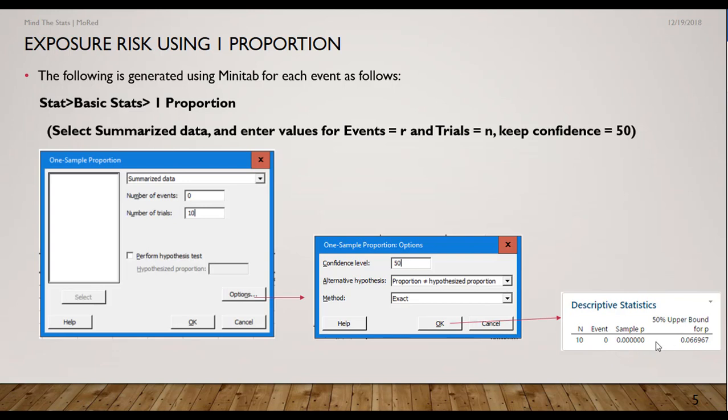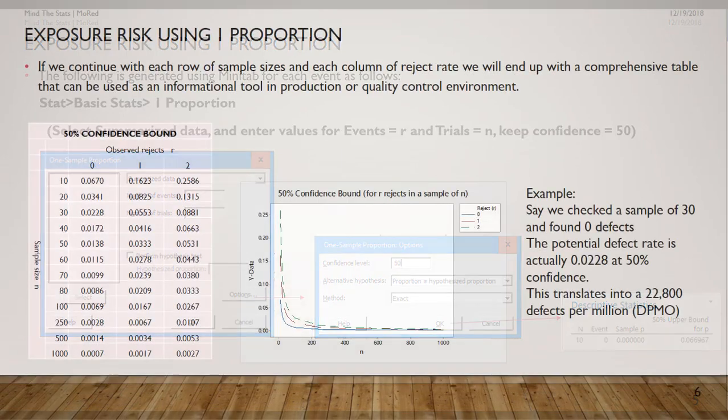What this means is that if you select a sample size of 10 and find 0 defects, at 50% confidence level, your reject rate is really between 0 and 0.066. This may seem very low, but if you multiply that by a million, let's say, that gives you the defects per million that are at risk.